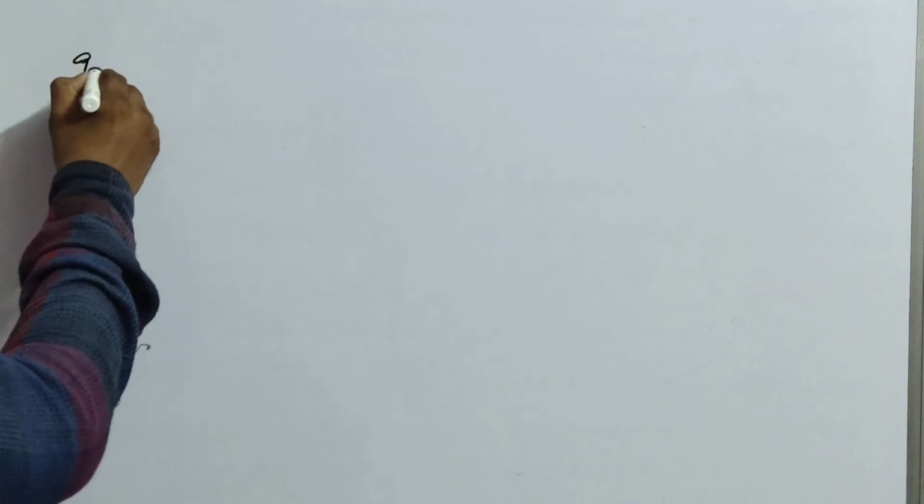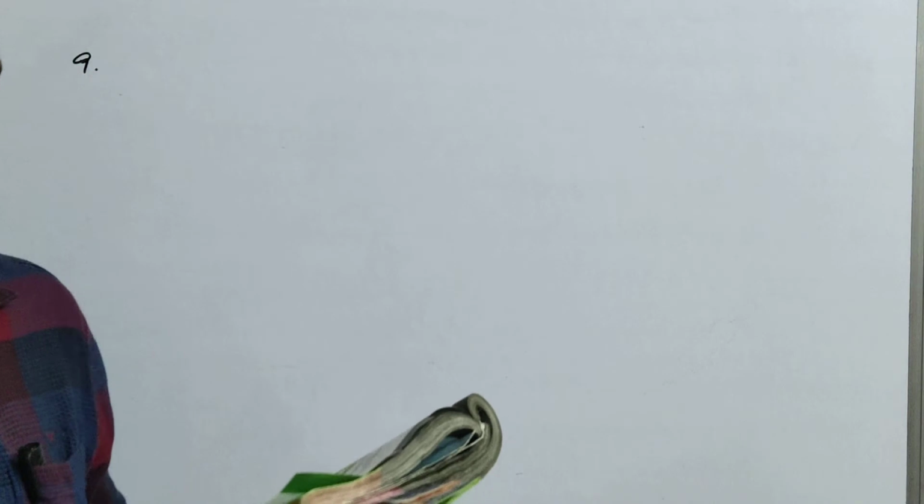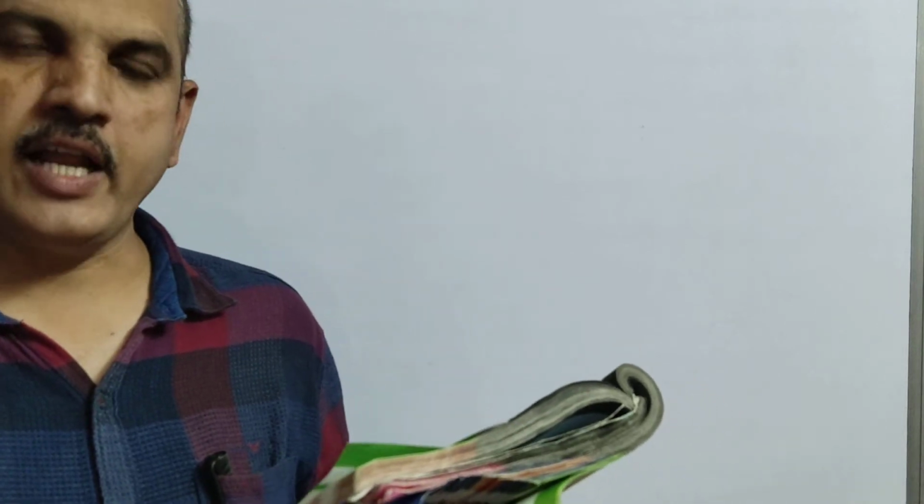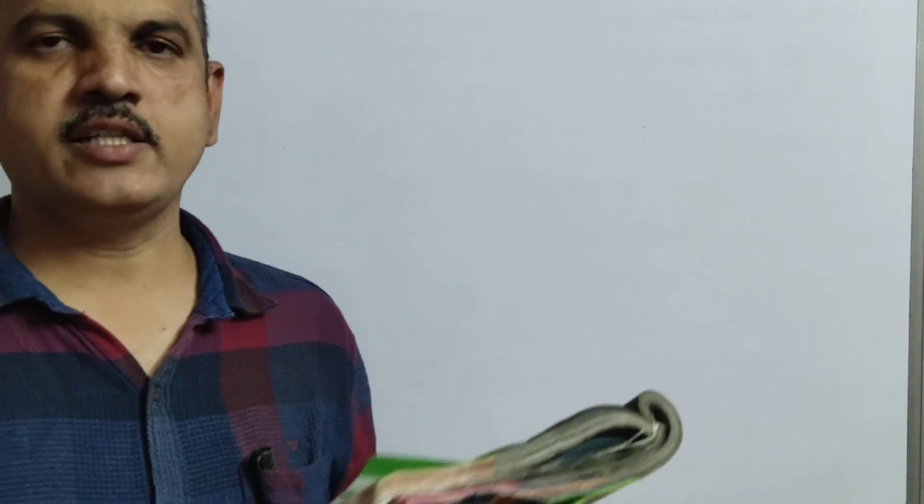See the 9th question, children. Meeta saves 4,000 rupees from her salary. That means Meeta is saving money from her salary, that is 4,000 rupees. If this is 10% of her salary, what is her salary?